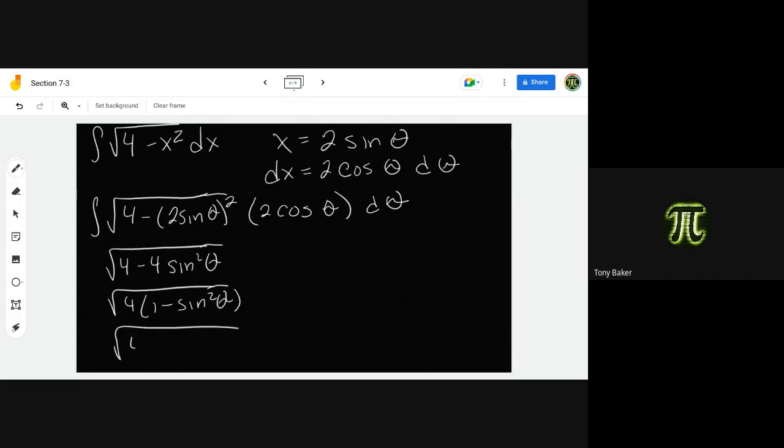Now that becomes 4 times cosine squared theta, which is 2 cosine theta. I'm not going on yet. Does everybody see what I just did there?